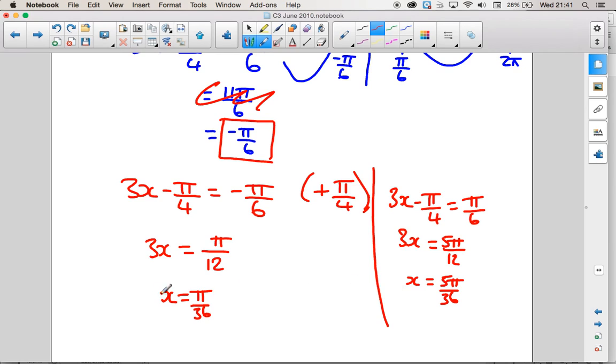So the smallest positive x value is pi over 36. Lots of you will have had the answer 5 pi over 36 and wondered why it was wrong, but hopefully that's explained it to you.